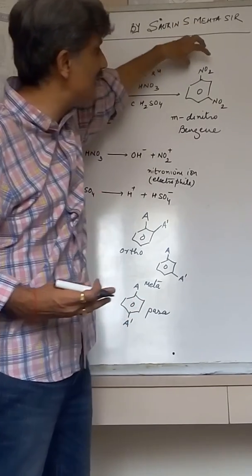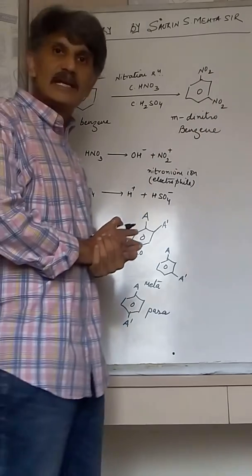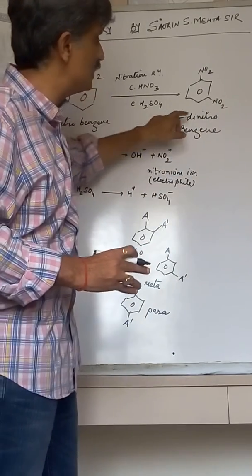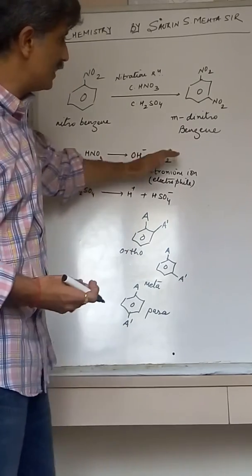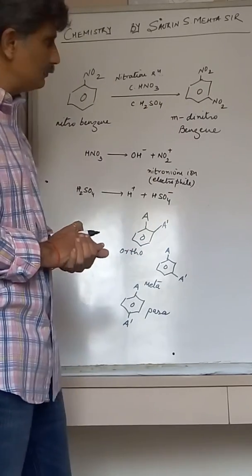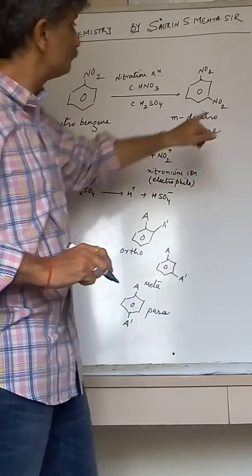So this group is meta directing. That's why the incoming group is directed onto the meta position. So we get meta-dinitrobenzene. Now that group is settled over there. How it has settled, we have talked about earlier in the previous episode.